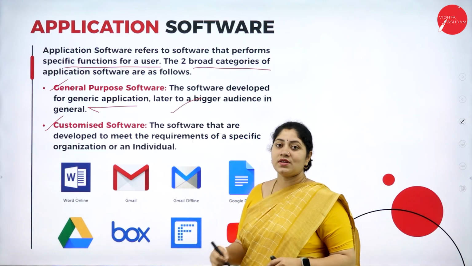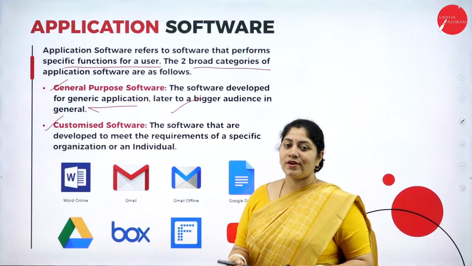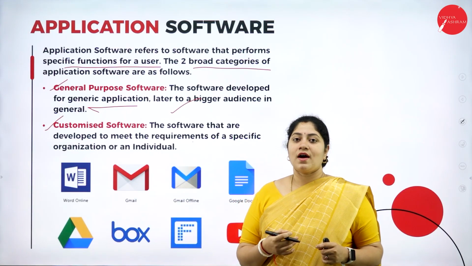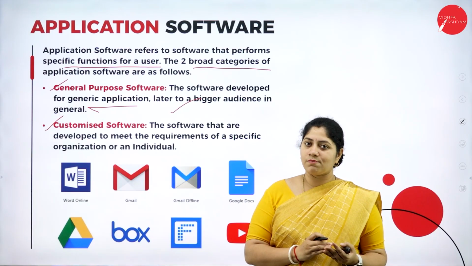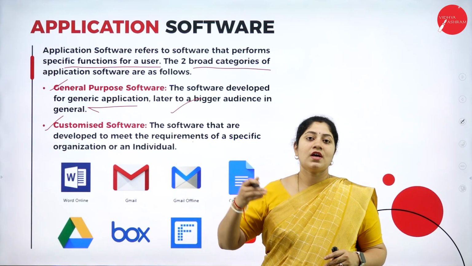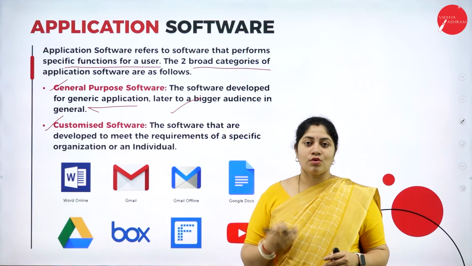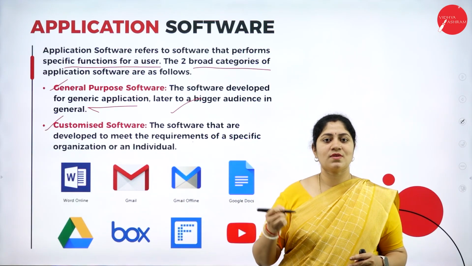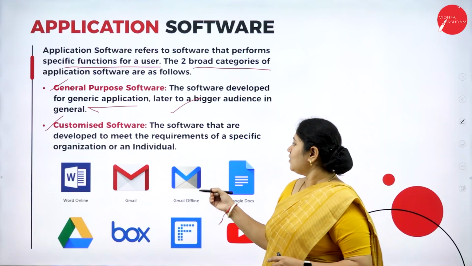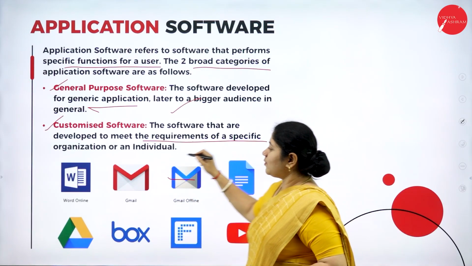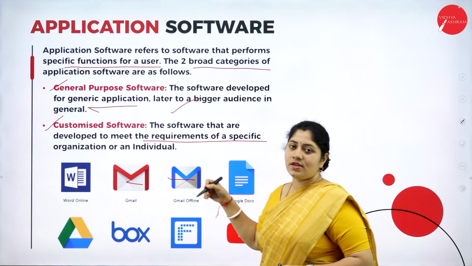The second one is customized software. As the name itself says, we are specifying our requirement and then building a software for the end applications or the end users. That's why it is called customized software. We can say that it is developed to meet the requirements of a specific organization or an individual.